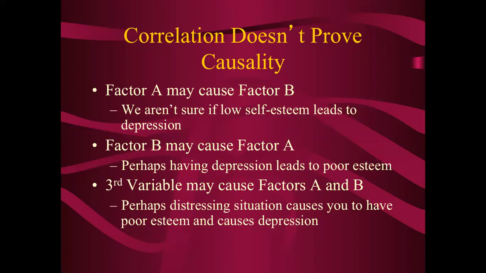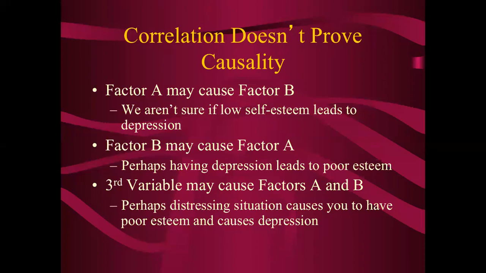There is a strong positive correlation between low self-esteem and depression. So is it possible for low self-esteem to lead to depression? Sure. But is it possible that it was depression that led to low self-esteem?